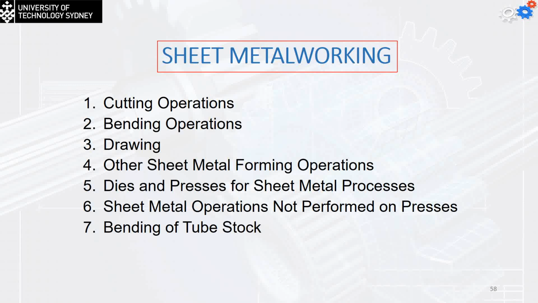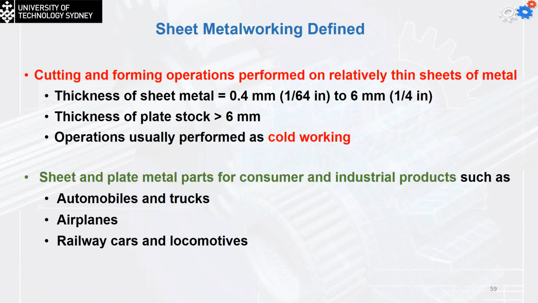So sheet metal working is defined as cutting and forming operations performed on a relatively thin sheet of metal. When we say a sheet of metal, that means the thickness is from 0.4 millimeters up to 6 millimeters. Anything in between these values, we call a sheet.